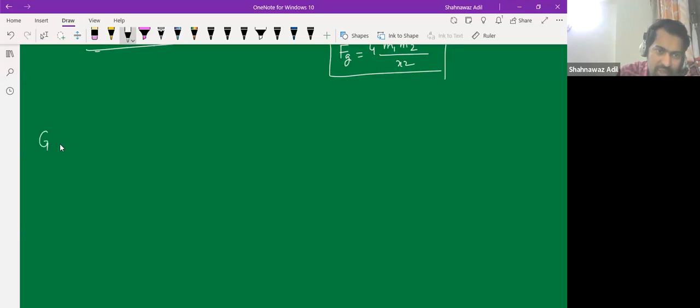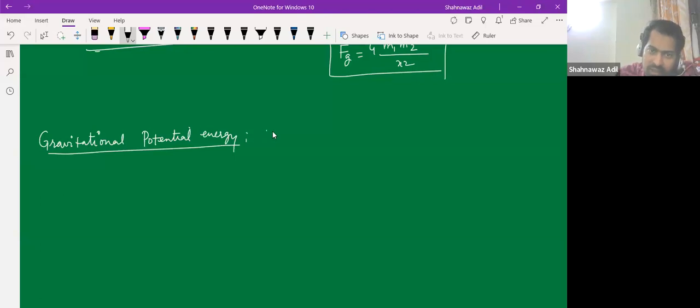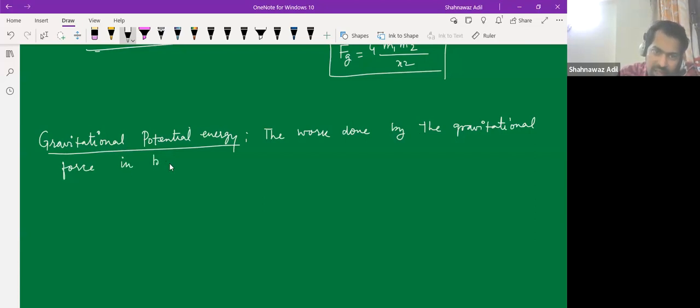The gravitational potential energy is defined as the work done by the gravitational force in bringing a mass, let's say M, from infinity to a fixed point.